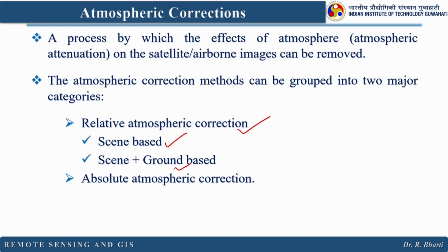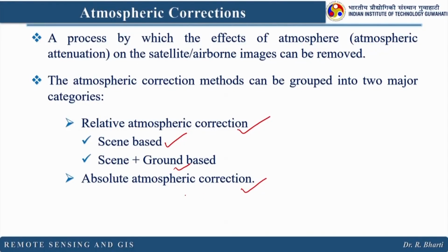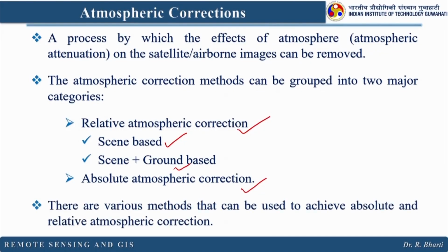But in absolute atmospheric correction, we exactly measure the values of the atmospheric constituents during the measurement of such images, and then we model the atmosphere, and then we remove all the values added by the atmosphere in the image, right. There are various methods that can be used to achieve absolute and relative atmospheric correction, that we will see subsequently, right.